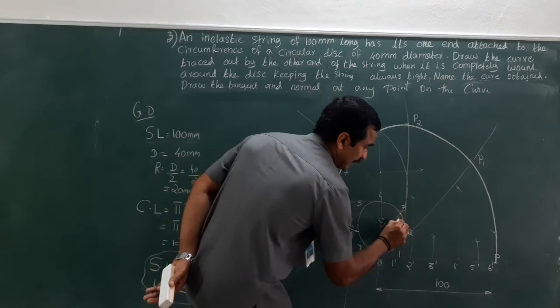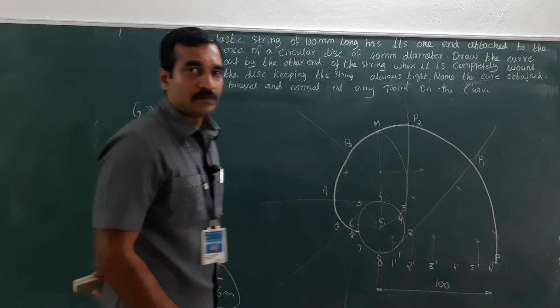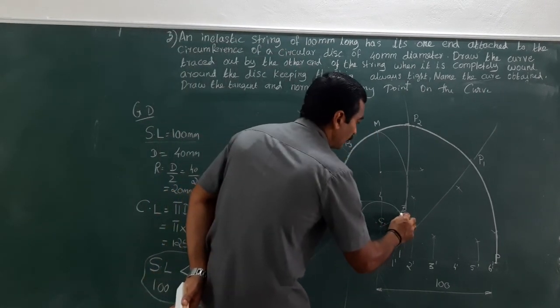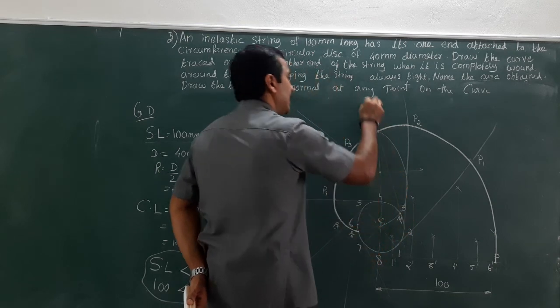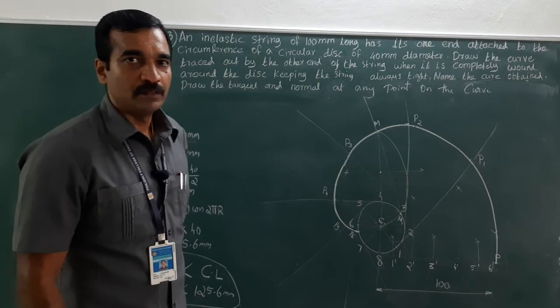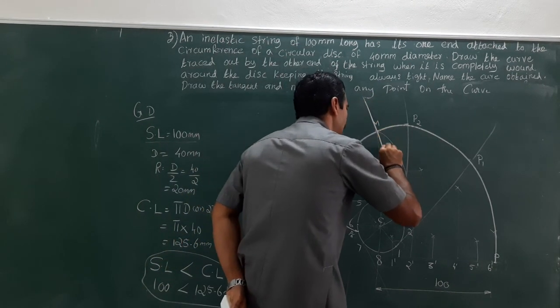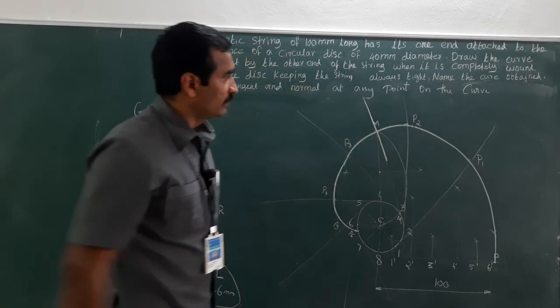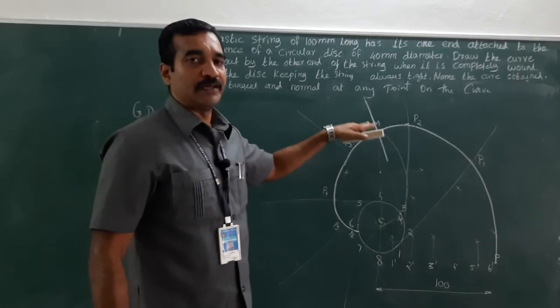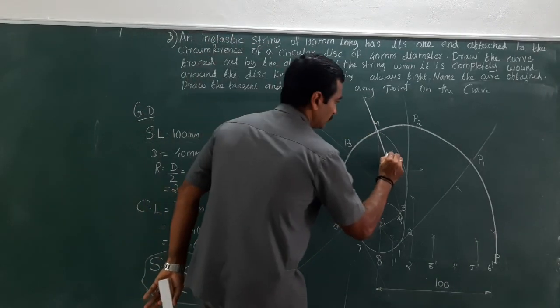This point can be taken as M1. Now connect M1 and M. So this is nothing but the normal. A line which is penetrating into the profile is nothing but the normal.